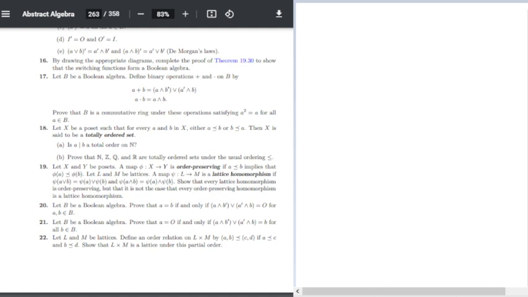Alright, so let X and Y be posets. A map phi from X to Y is order preserving if a less than or equal to b implies that phi of a is less than or equal to phi of b. It is not the case that every order preserving homomorphism is a lattice homomorphism. So if a is less than or equal to b, then a meet b is equal to a.